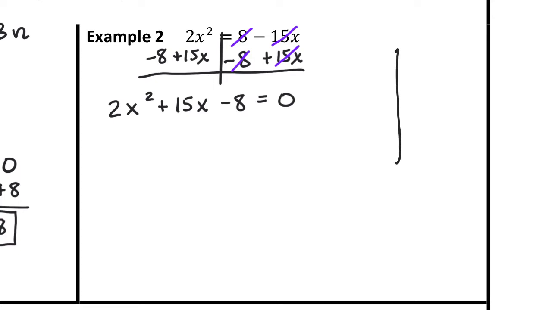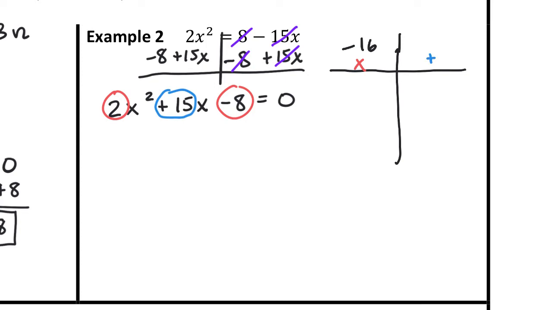So let's see if I make the table. I'm looking for 2 numbers that multiply to give me negative 16, and 2 numbers that add to give me positive 15.